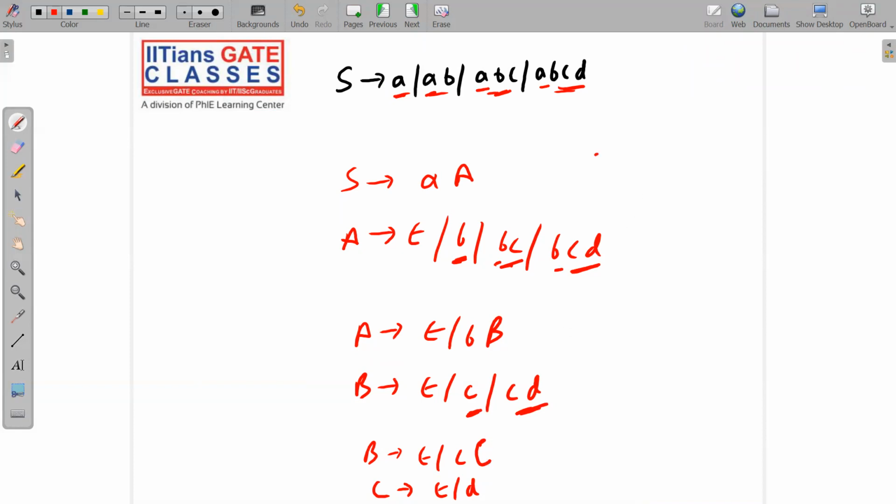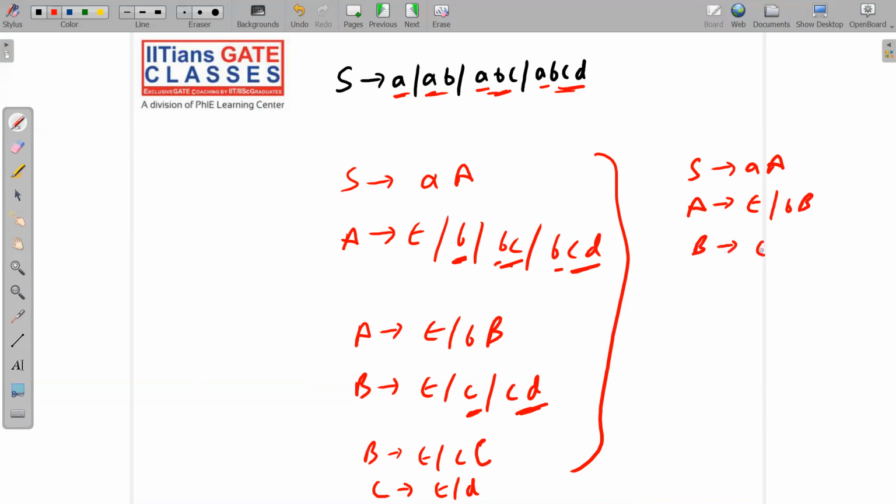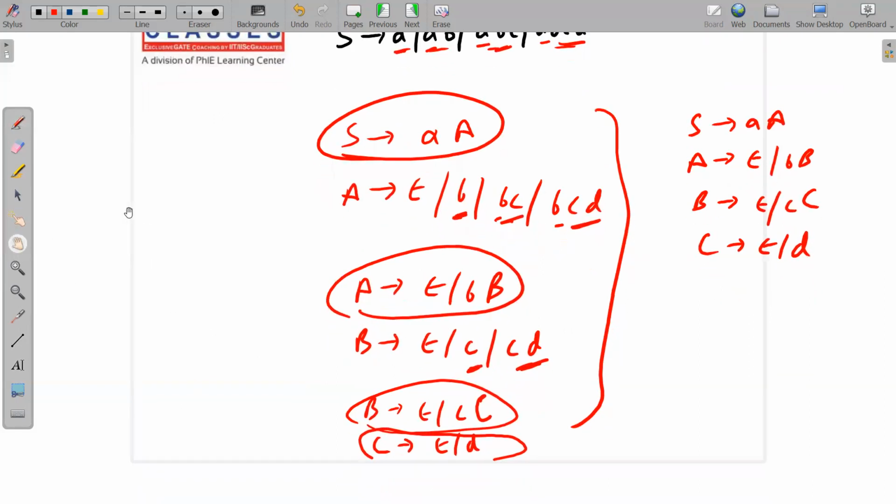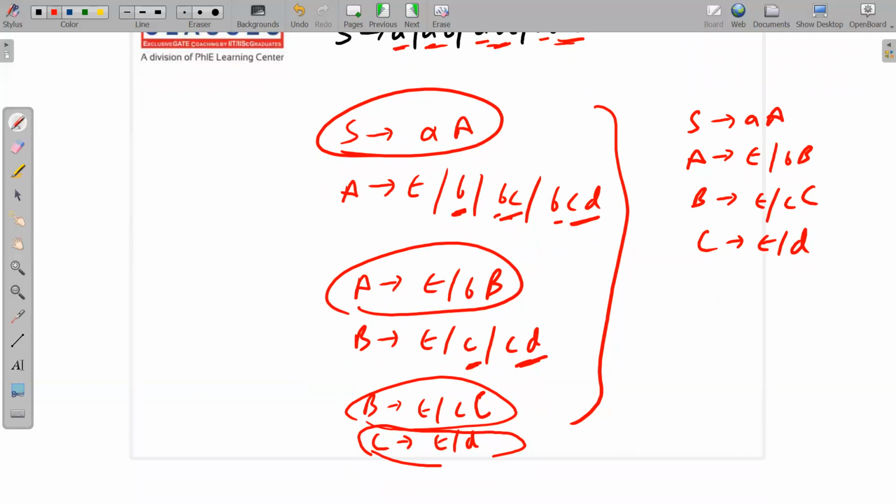So finally what we have got is S goes to A, A goes to null or B, then B goes to null or C, and capital C goes to null or D. This production I have chosen, then this, then this, and then finally this. Please note it down carefully, and I will jump to the next slide.